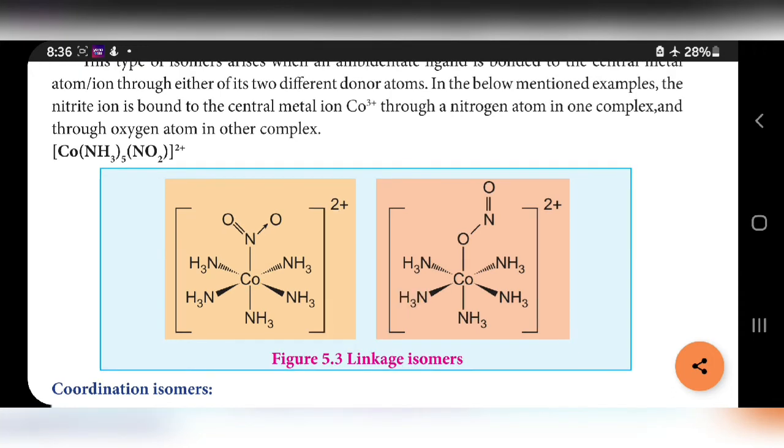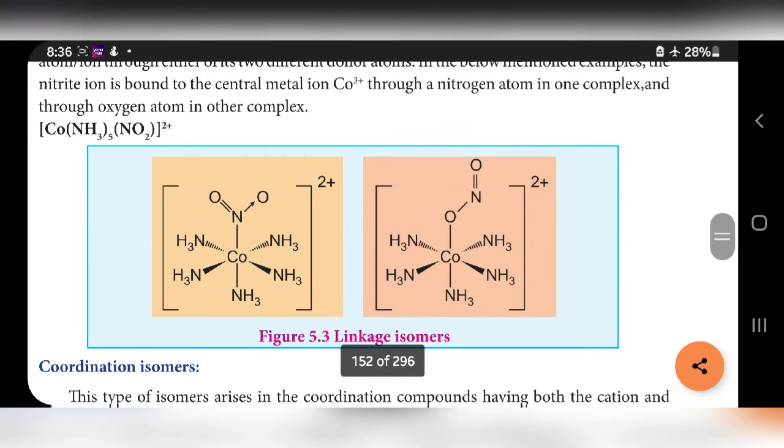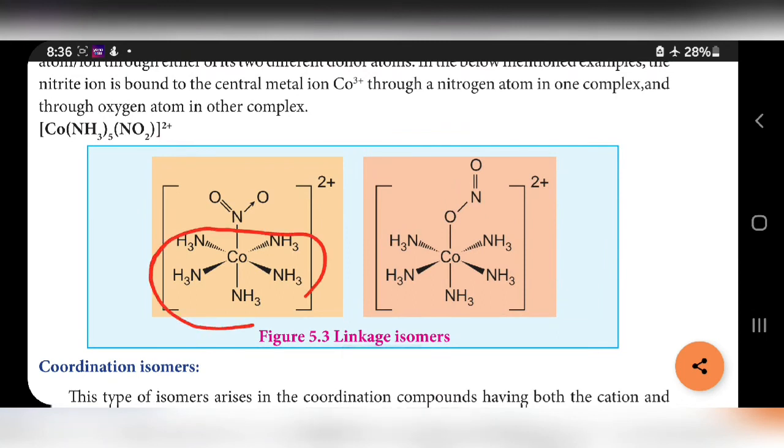See here, this group is the same in both coordination compounds. The difference is that here nitrogen is attached to the central metal atom, and here oxygen is attached to the central metal atom. That connection only is different. Remaining all are the same. This is called an ambidentate ligand.